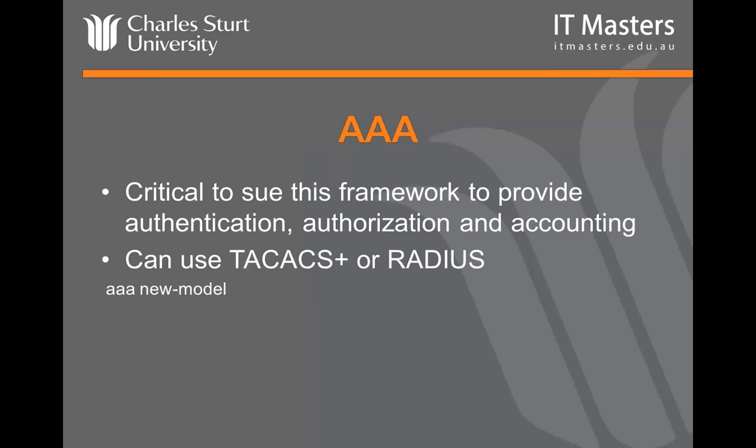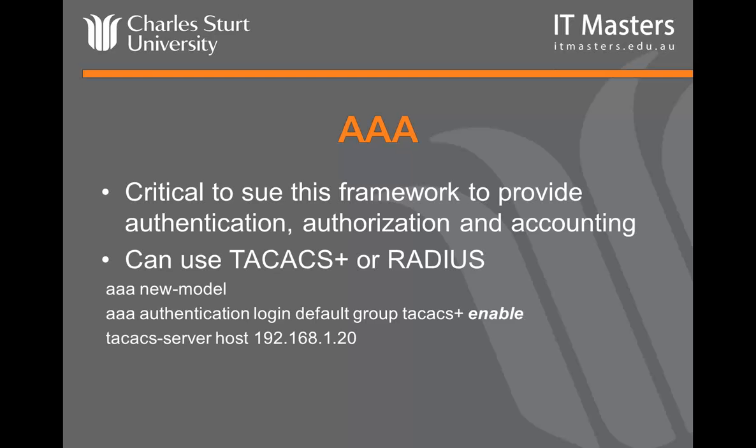There's your authentication: aaa authentication login default group tacacs+ enable. That enable on the end is important. Then tacacs-server host puts in your actual TACACS server, the server you're going to use, and that's a tacacs-server key.